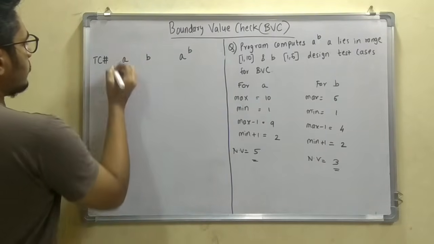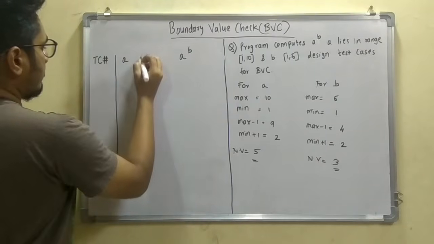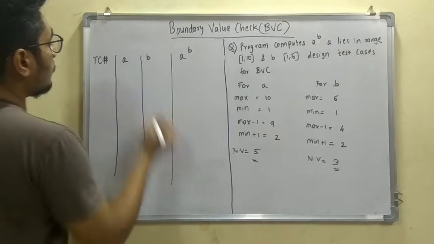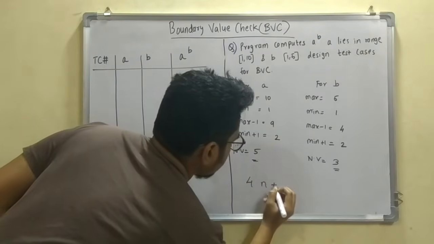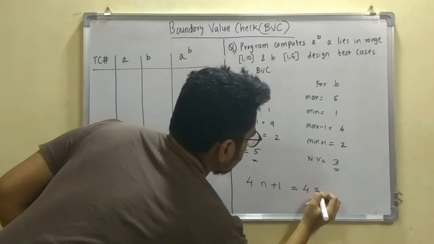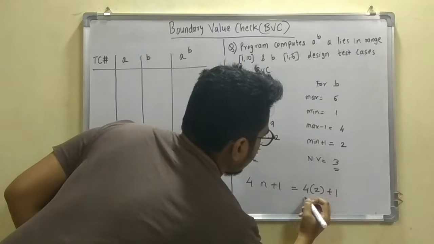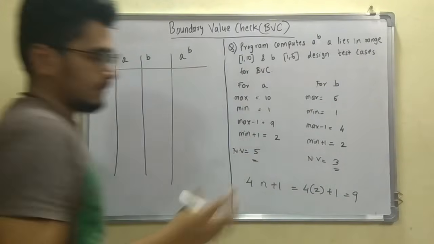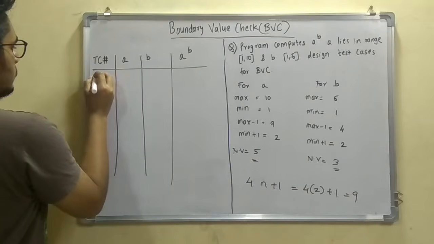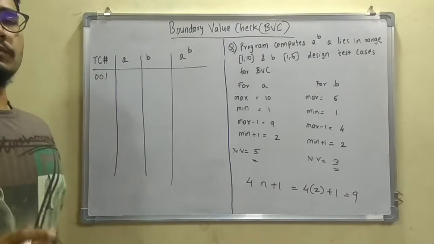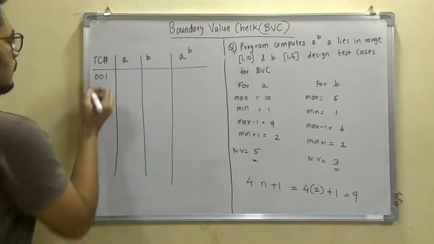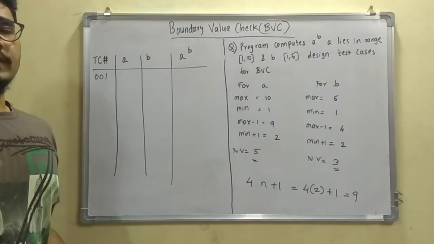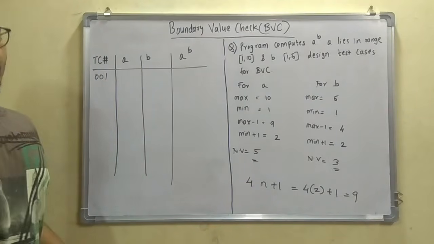And so we have the first test case number. First we have to determine how many test cases there will actually be. It is given by 4n plus 1, that is 4 into 2 plus 1, 8 plus 1, that is 9 test cases. So we write it as 001. It is good practice to write in 3 digits like 001, 002, or you can write it as TC1, TC2, as you wish.